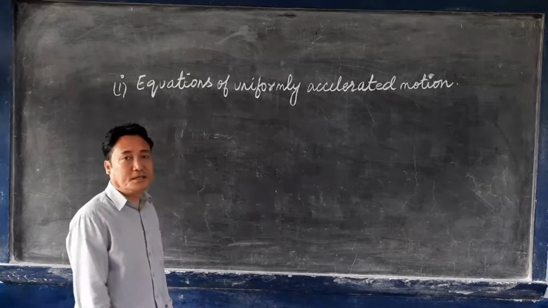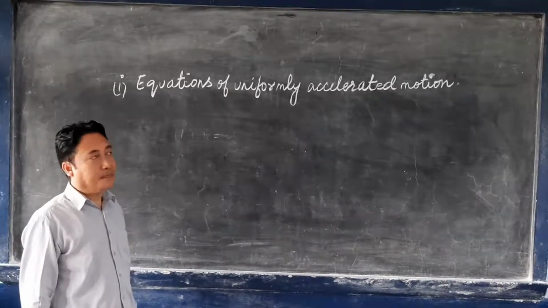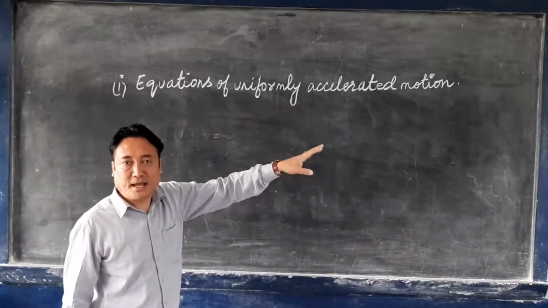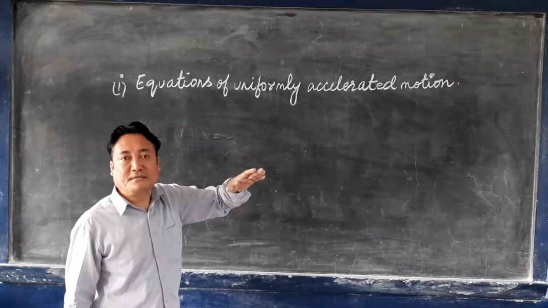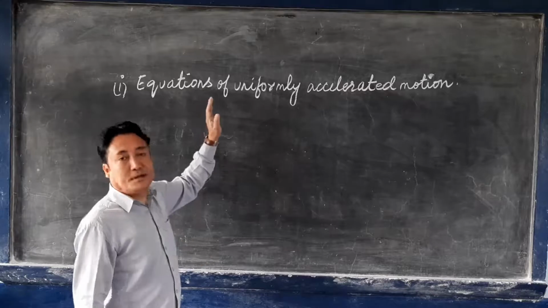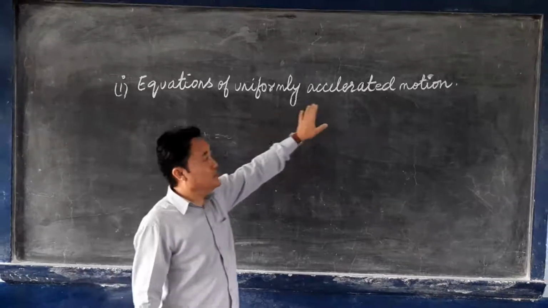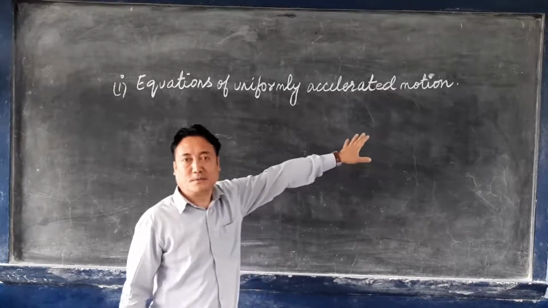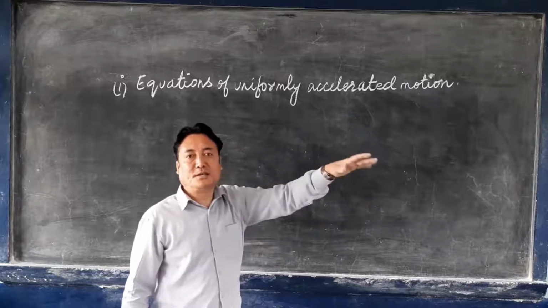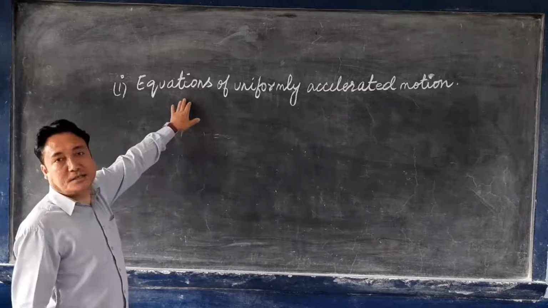Now the first one is the equation of uniformly accelerated motion. When a body is having a linear motion, linear means which moves in a straight line, with uniformly accelerated motion, in that case, the equations will be there.